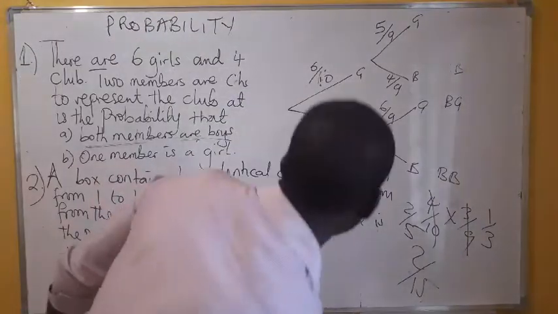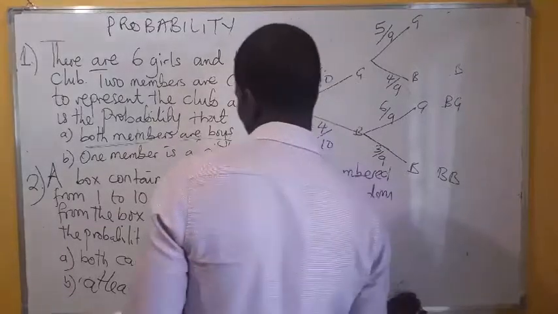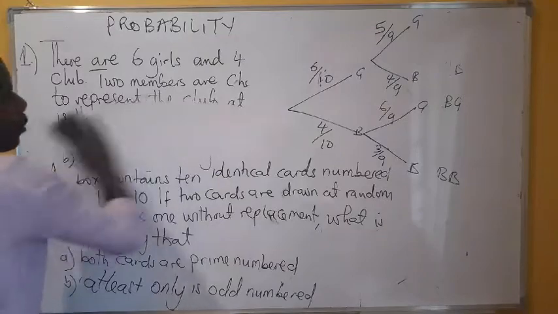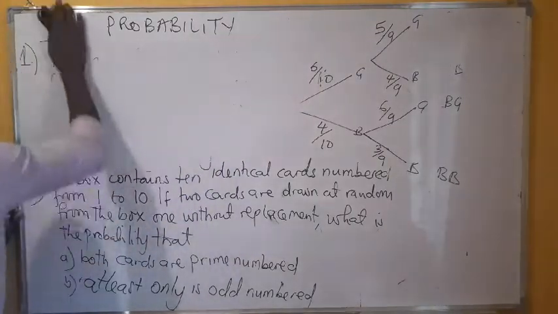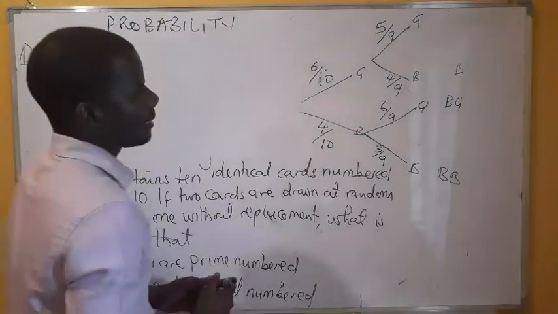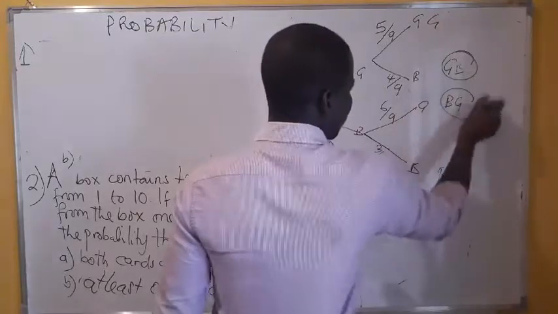And if you want to solve the second one using this tree diagram, this one that talks about one member being a girl, we have this case here, here we have a girl, and even this one we have a girl.